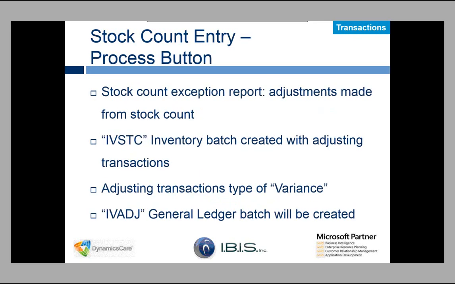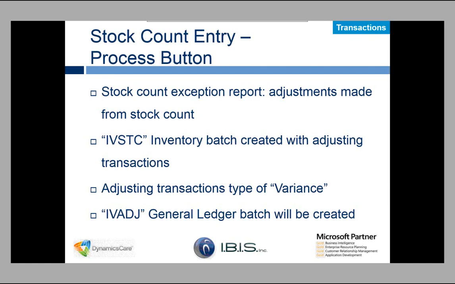When I am done counting, I would select the process button. What that's going to do is post any adjustments that were made as a result of the stock count. A batch of IVIBS will be created, so that's the inventory stock count ID, and it will contain any of the adjusting transactions to inventory. They will have a type of variance.